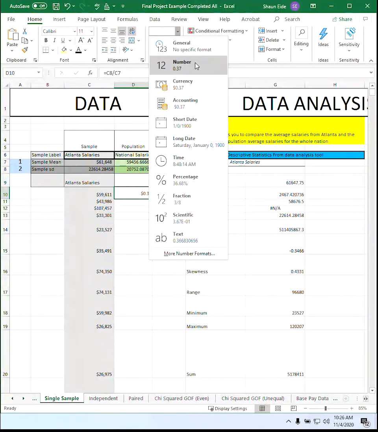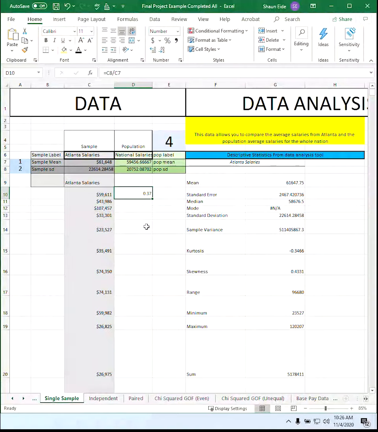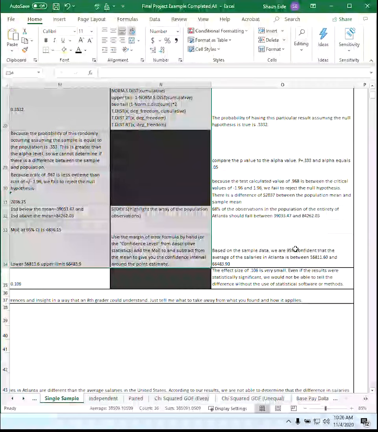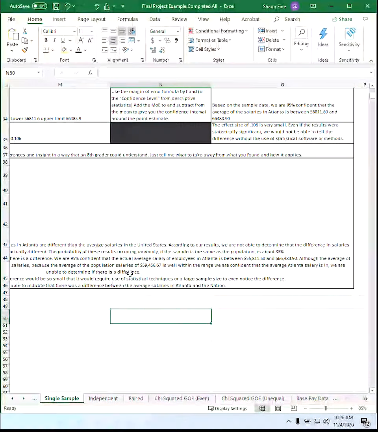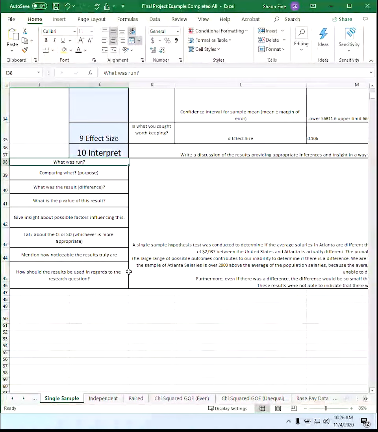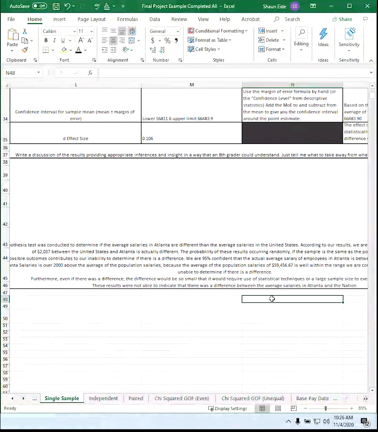It deviates by 37%. And so that is a huge reason why you have the result that you have.